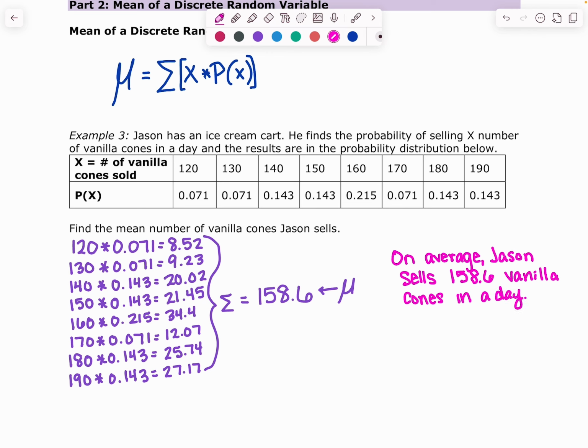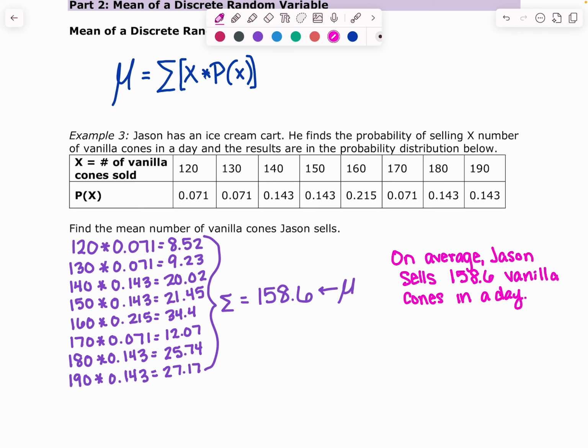And that's good for Jason to know, because if he knows that his average is 158.6, then he knows that he should probably have at least that much each day. Some days he might sell less than that, some days he might need more than that. But typically, that's the average that he's selling.